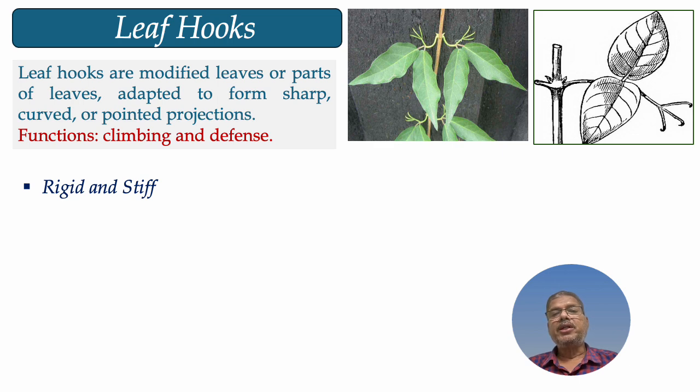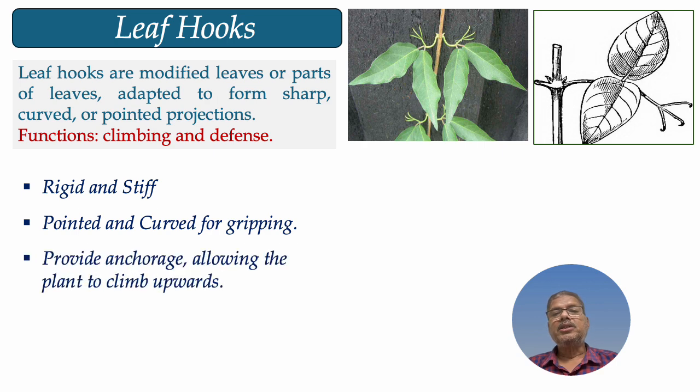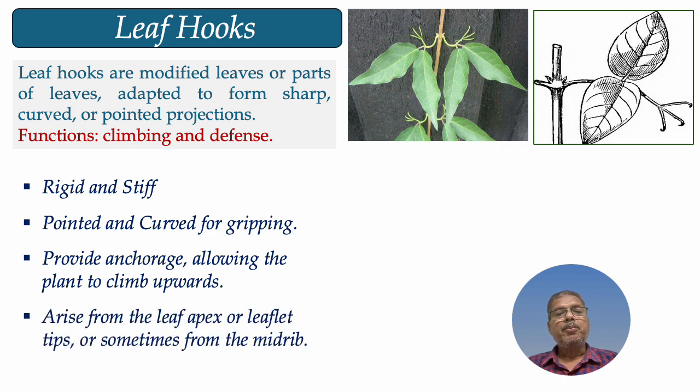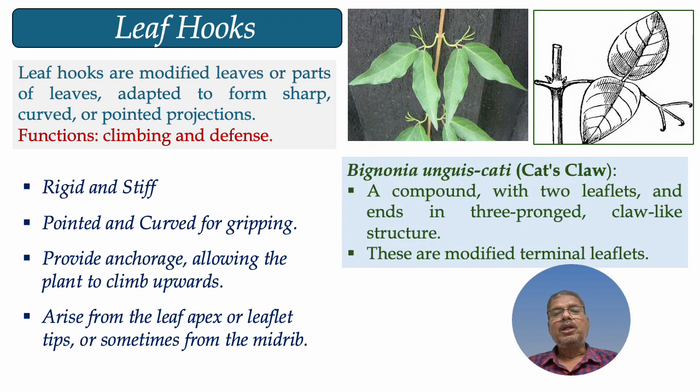One is climbing and defense, that is, plants possessing leaf hooks ascend supports such as other plants and rocks, allowing them to reach optimal light conditions in competitive environments. Beyond providing mechanical support for upward growth, leaf hooks also act as a deterrent against herbivores, protecting the plant from predation. The example is Bignonia unguis-cati.